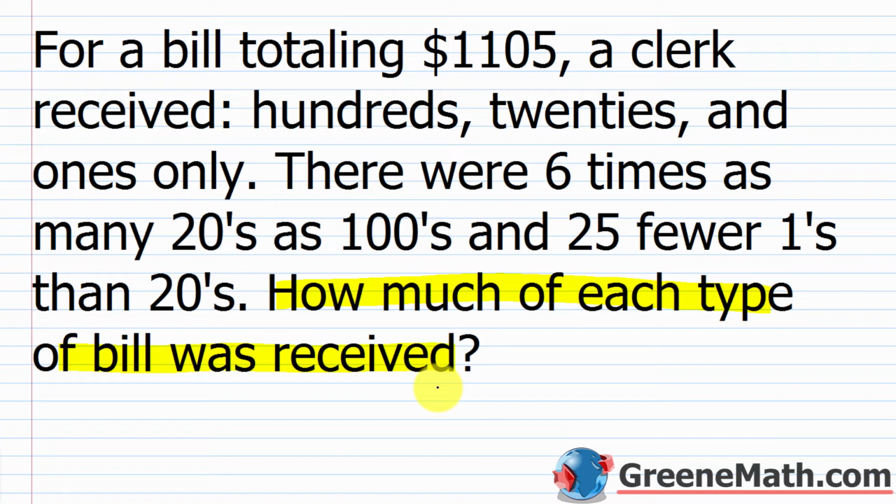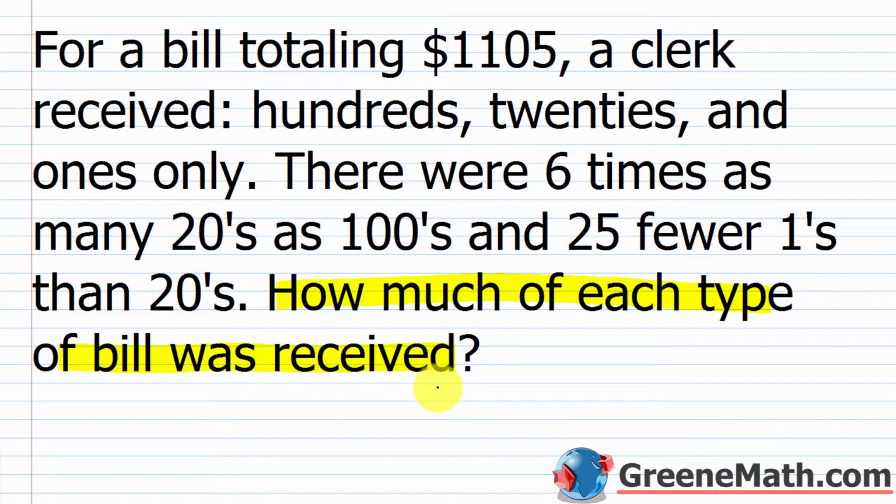Now, if you have 3 things you need to figure out, how many hundreds, how many 20s, and how many ones, you really need to think about what's going to be easiest for you to use. And again, I keep talking about this in these videos. If you have something that's used in each comparison, then you want to use that because it's easier to model things.